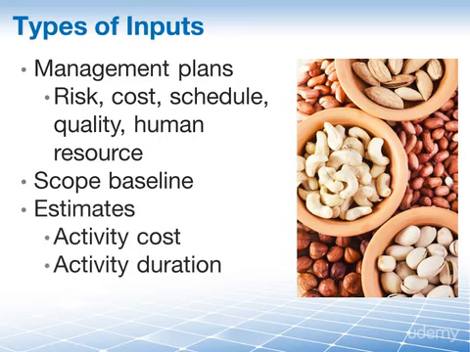And estimates, such as activity cost and activity duration, by their very nature are a source of uncertainty. They should be critically evaluated to identify the potential risk inherent in this uncertainty.